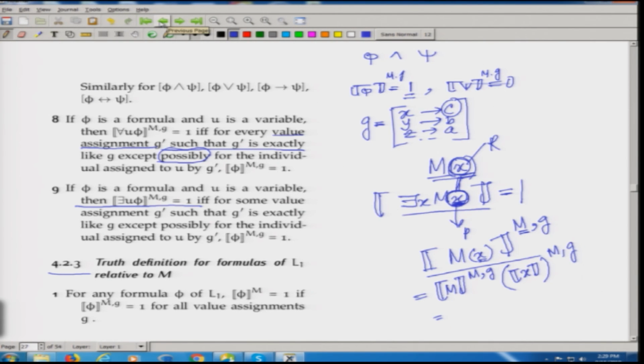We get back, functionally speaking, a1, b1, c1, and then this gives us c. What is the result? 1. Thus, we compute the truth value of mx, but not mx with respect to the model m alone: mx with respect to the model and a value assignment function g, without which mx is actually truth valueless.